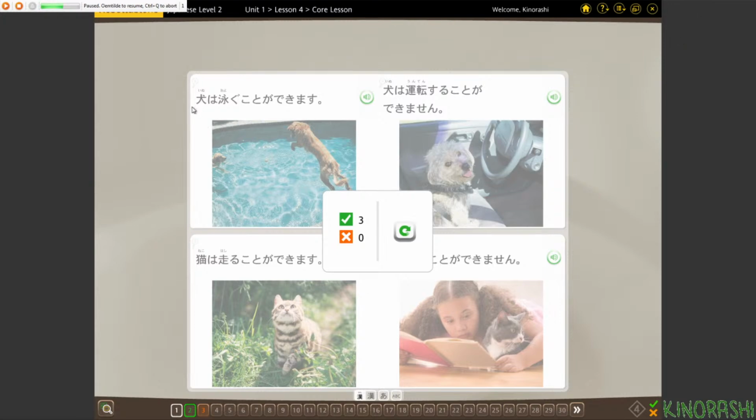So here, inu wa oyogu koto ga dekimasu. The dog can swim. Inu wa unten suru koto ga dekimasen. The dog cannot drive.